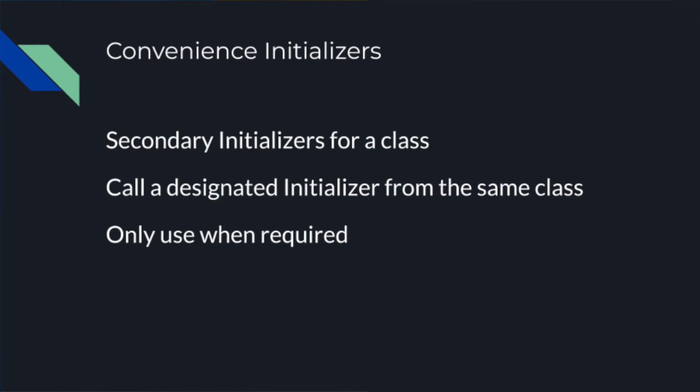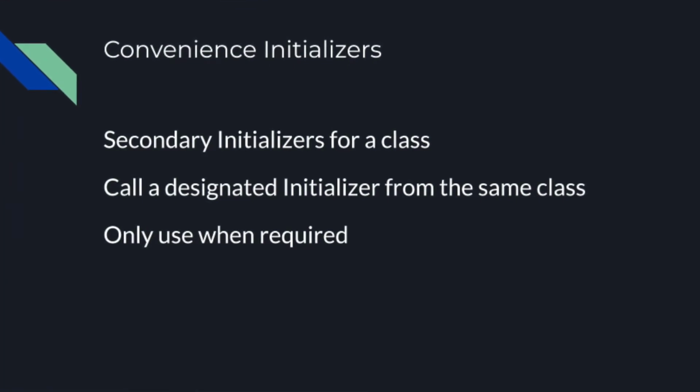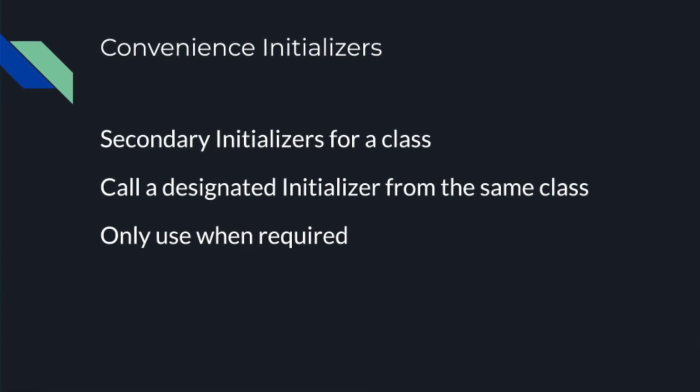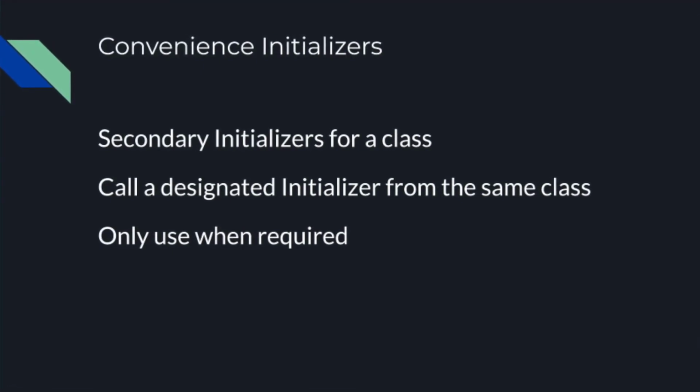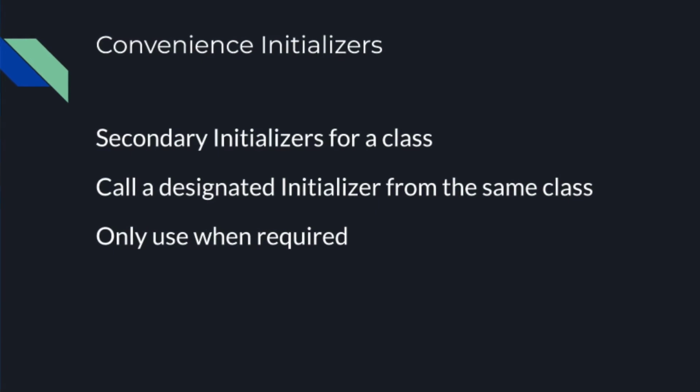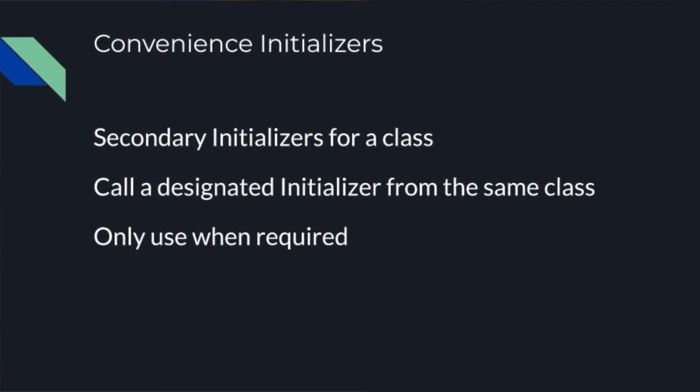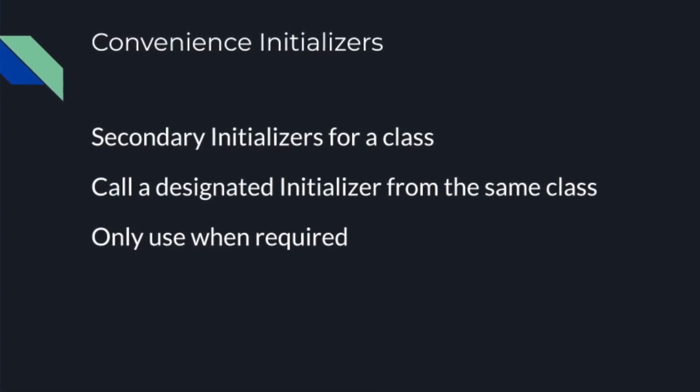Next, the convenience initializers. These are the secondary or the supporting initializers for a class. You can define a convenience initializer to call a designated initializer from the same class as the convenience initializer with some of the designated initializer's parameters set to default values.